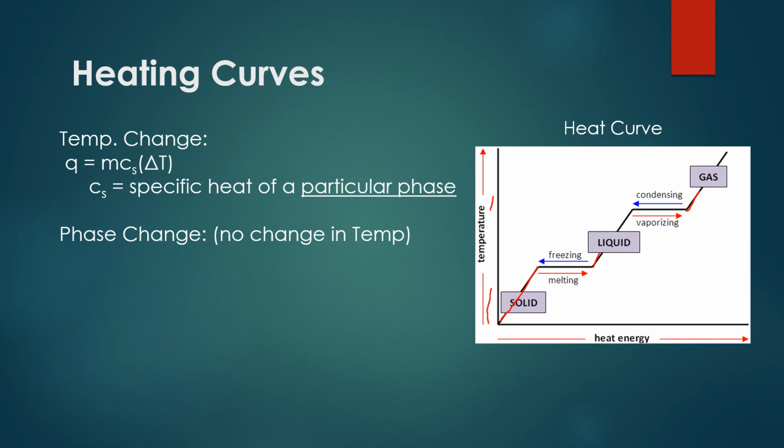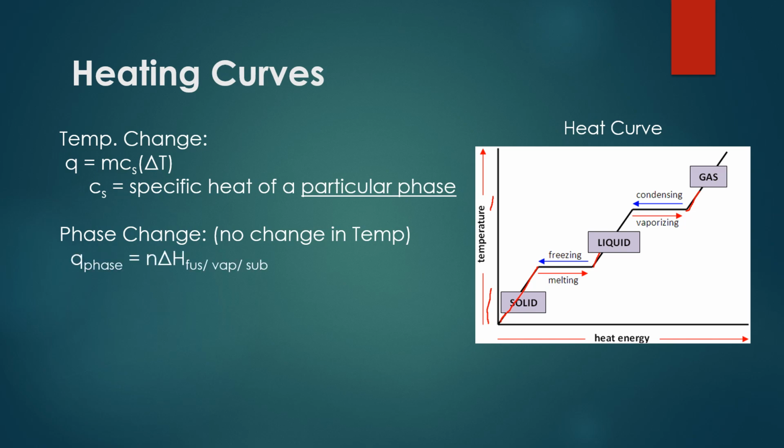One of the specific heats is for when water is in a liquid form, and it's going to have a different specific heat if water is in a solid form, and an even different specific heat if water is in a gas form. So just make sure to pay attention to what specific heat you're choosing from the table or from the problem itself, because they'll probably give you several different specific heats, and the reason they're different is because the phases are different.